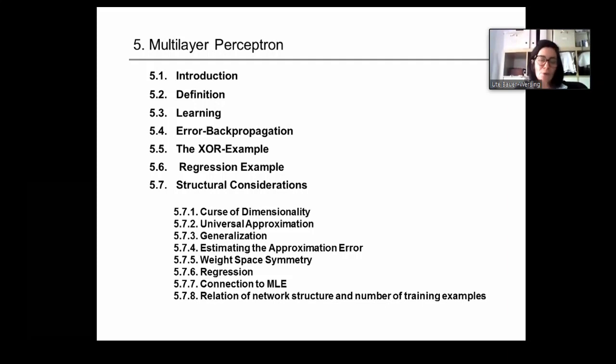And after chapter 5, there is chapter 6, which then focuses on a more specific feed-forward multi-layer perceptron with more restricted connectivity and so on. So this is the general setup of these multi-layer perceptrons. Okay. So let's start with introducing multi-layer perceptrons, what they look like, and what their properties are.